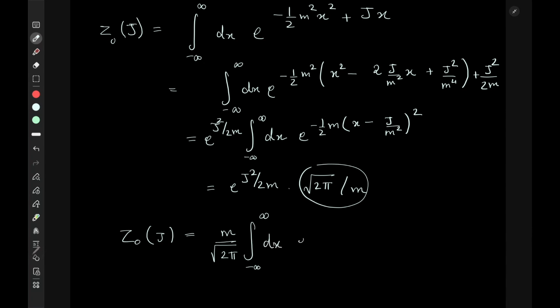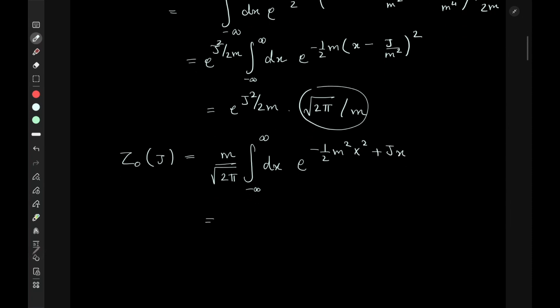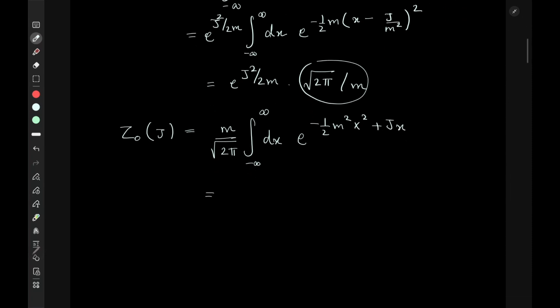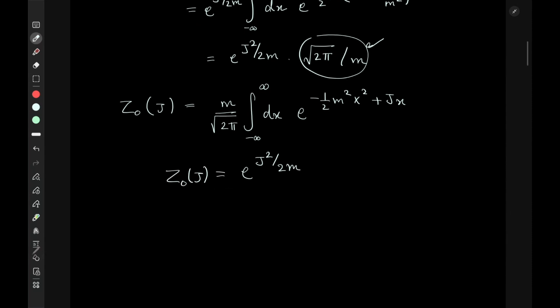So now I am considering this integral, minus half m square x square plus jx, and as we have seen, its solution is root 2 pi over m, which would cancel with m over root 2 pi over here, times e to the power j square over 2m. So this is the explicit solution for our integral.